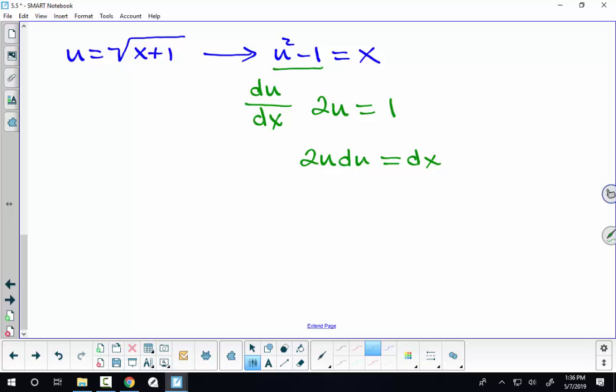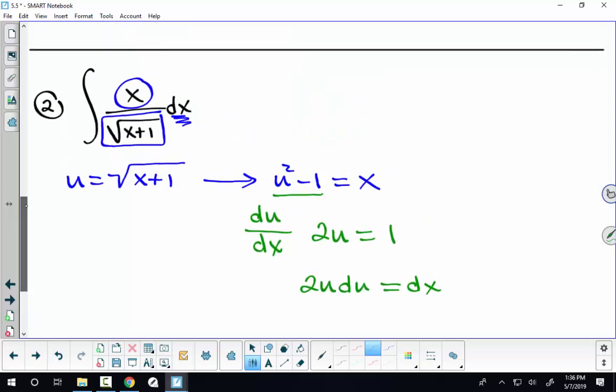Okay. So that's a little bit more simple at this point when we have u squared minus 1 equal to x to take the derivative of that relationship. Because again, that relationship, u squared minus 1 equals x, is the same relationship we had when we made our substitution. It's just that when we take the derivative, now we have a simpler derivative. We don't have the 1/2 x plus 1 to the negative 1/2 floating around.